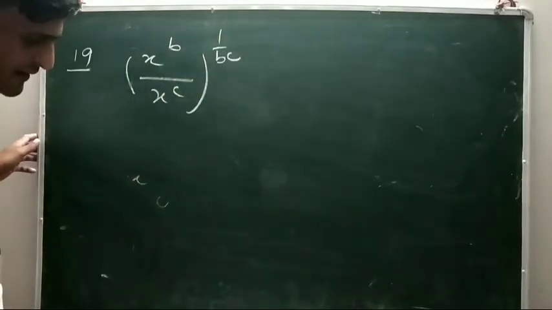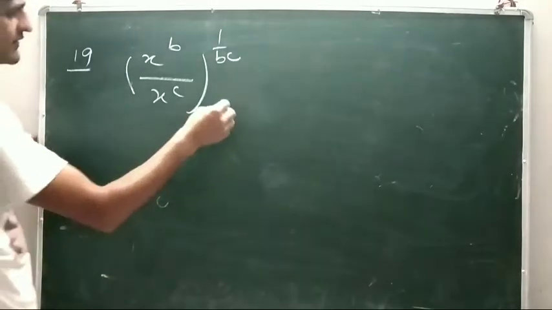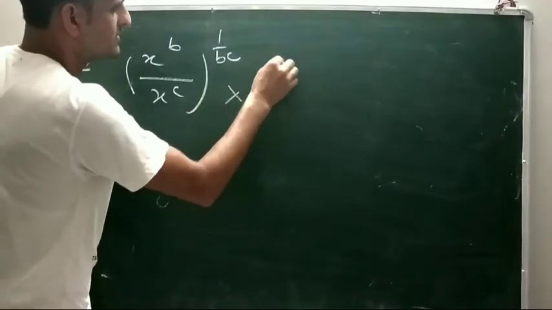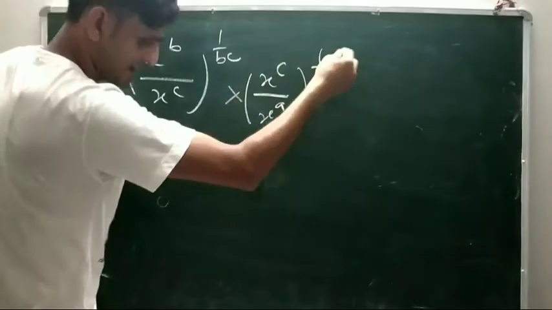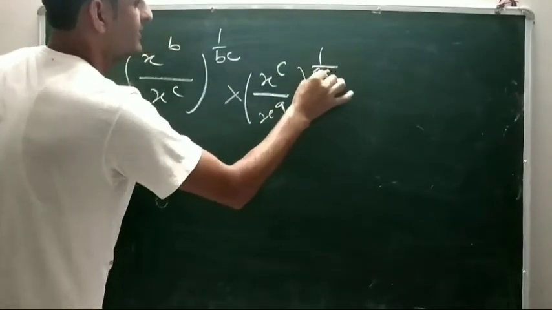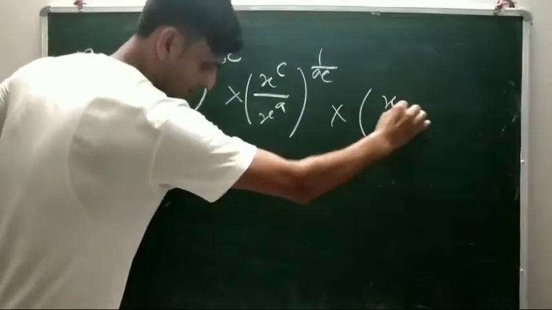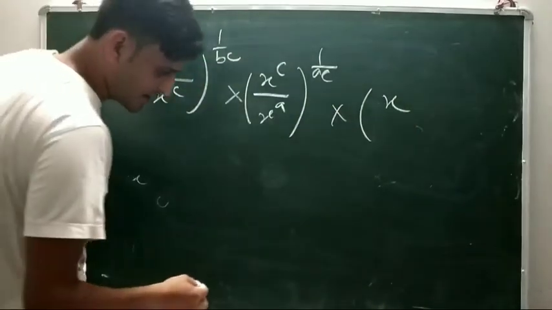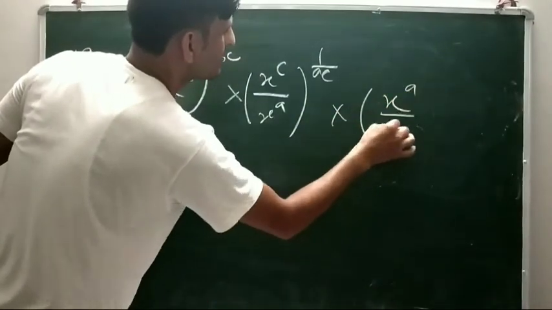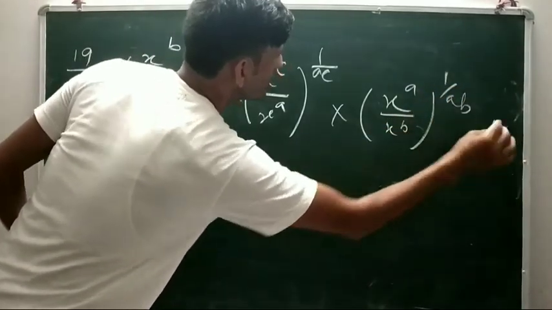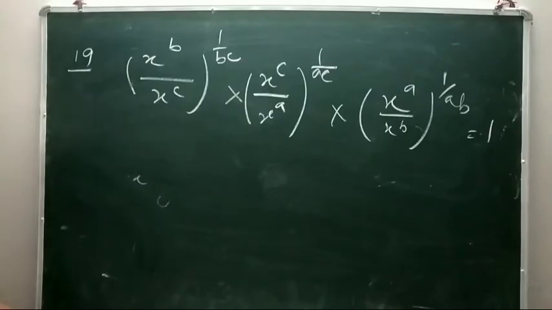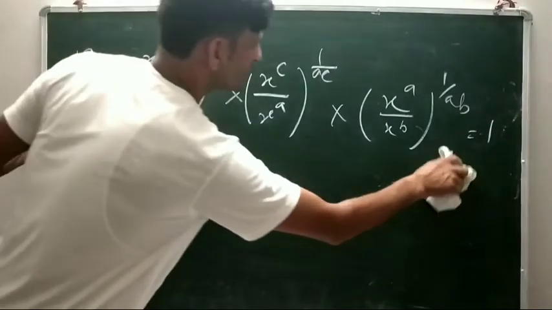Then the second part is given: x to the power c divided by x to the power a, and the power is 1 by ac. Then it is x to the power a divided by x to the power b, and the power is 1 by ab. And we have to prove it is equal to 1. So let us go for this one.